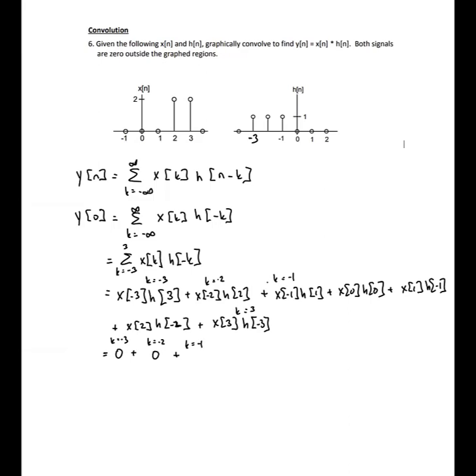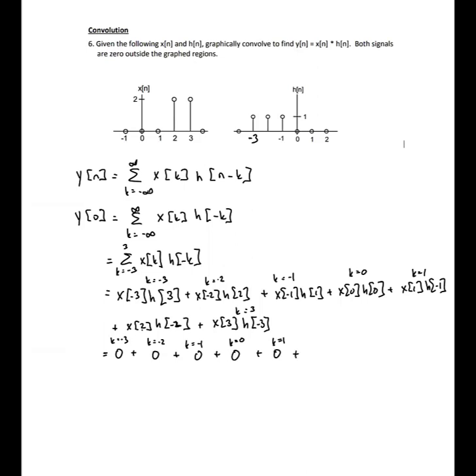Same thing, h of negative 1 is 0. Our next is the one we figured out at k equals 0. That's going to be 0 times 0, so that's also going to be 0. Our next at k equals positive 1, we have x of 1, which is 0, so it doesn't matter what h of negative 1 is.